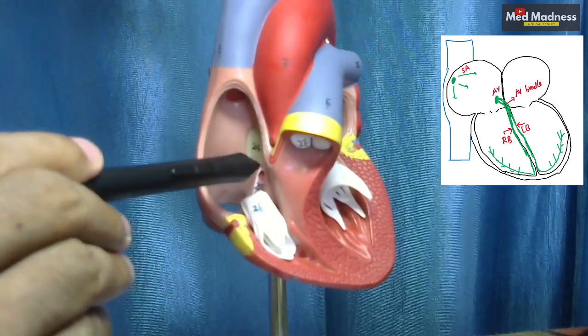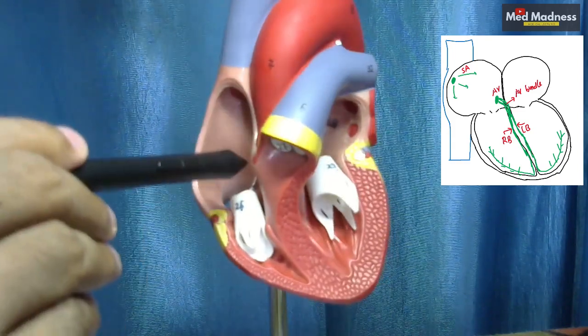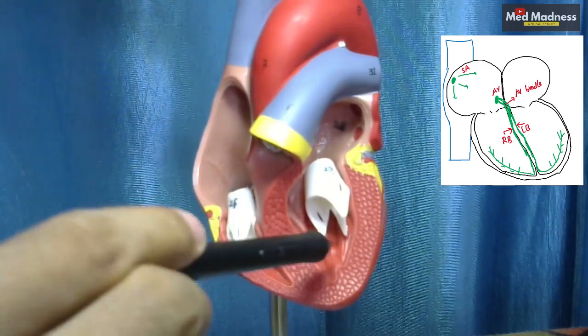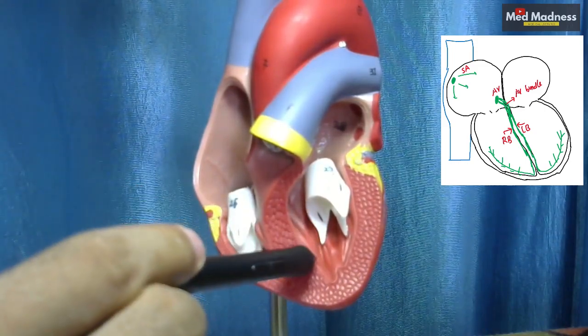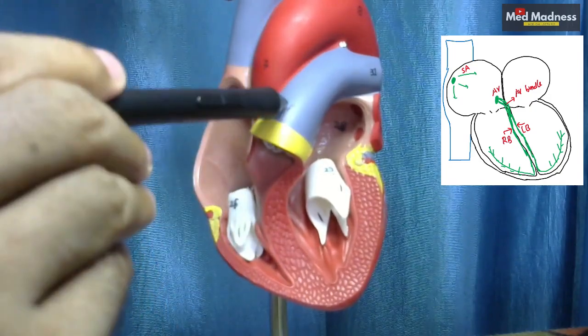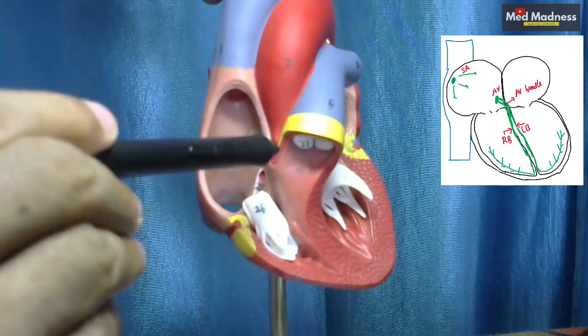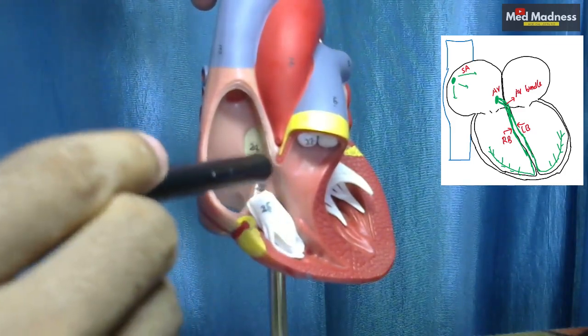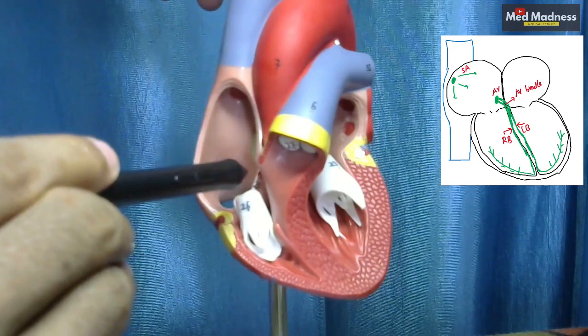The AV node delay of 0.1 second stops the descending of depolarized signals so that the ventricles get filled up with blood, and then the ventricles contract, sending the blood into the circulation. If you want to ask how the AV node can delay the depolarization signals by 0.1 second, the reason is the gap junctions.